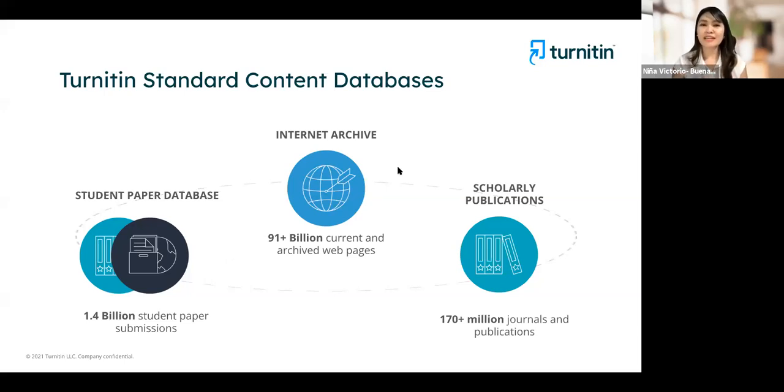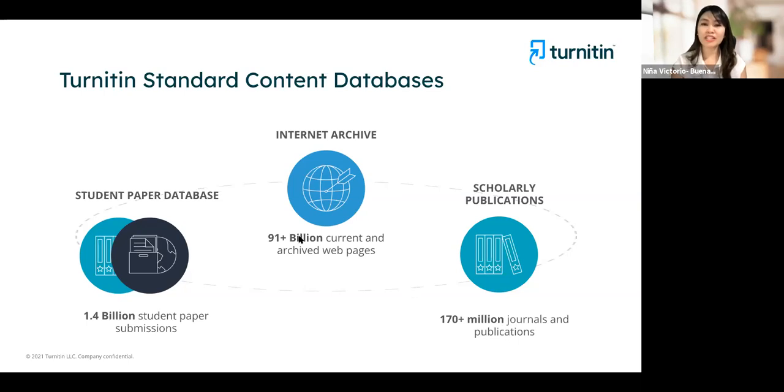Next is the Internet Archive Repository. This repository helps make sure that students are not just copying and pasting from one website to another without proper citation to the author or the sources. Once you run the paper, we will be able to find out if the student's work is matching back to another website's content.